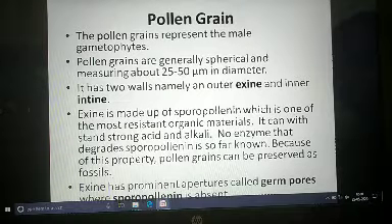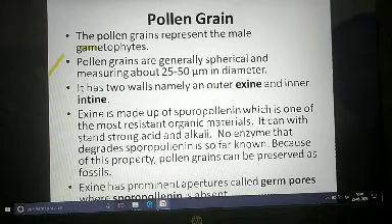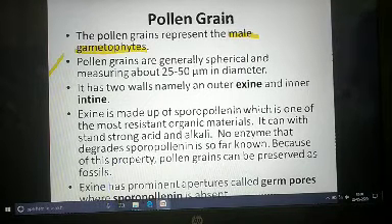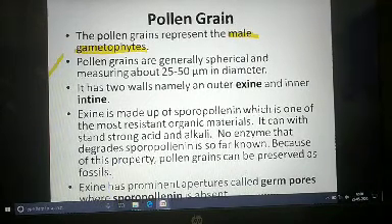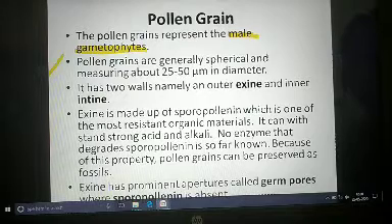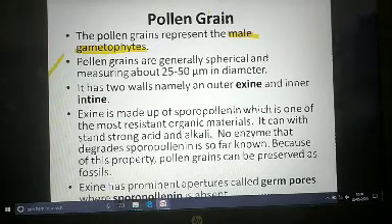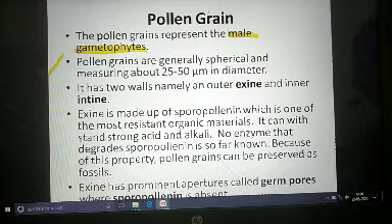The structure which bears gametes is called a gametophyte. So a pollen grain is a male gametophyte. Pollen grains are generally spherical, measuring about 25 to 50 micrometer in diameter.